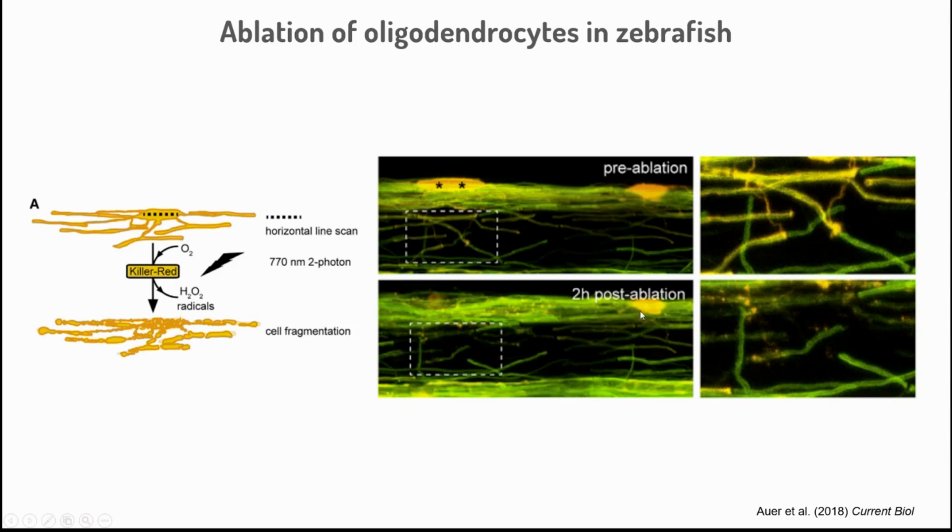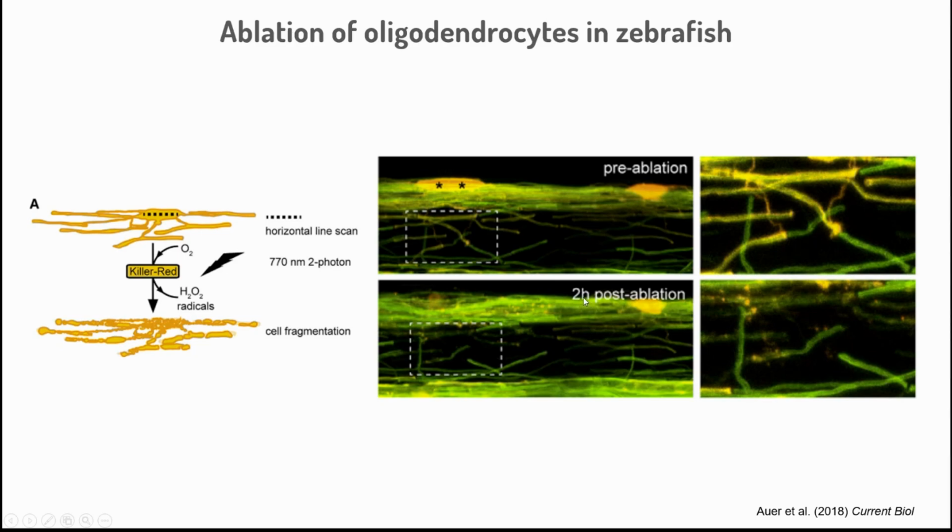They leave this one alive, and they can see how this oligodendrocyte takes the task from this one and will myelinate the axons that were left unmyelinated by this one. So they can see in real time how one oligodendrocyte takes the task of another one. This paper was interesting because it happens really fast.